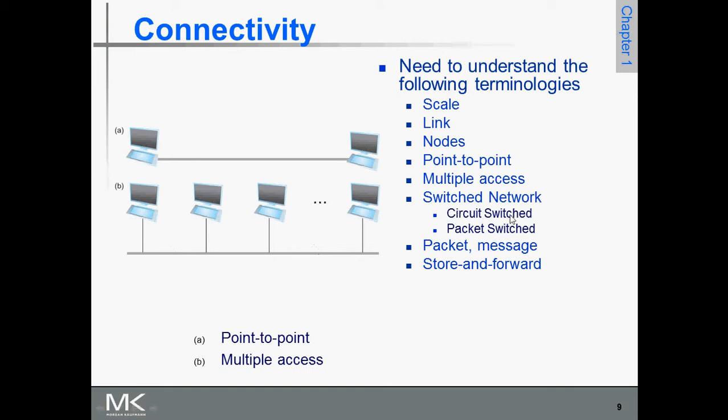Now circuit switched: in circuit switched, the entire physical link is directly used by two nodes, and all other nodes wait for their turn. In a packet switched network, each and every computer uses the shared link, but on a packet by packet basis, not on a circuit basis.